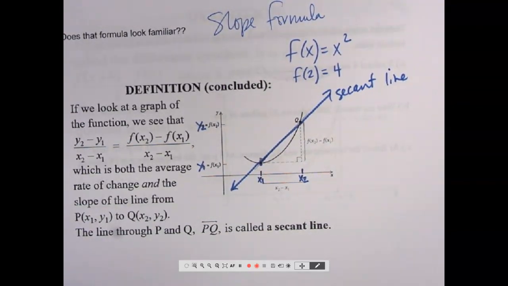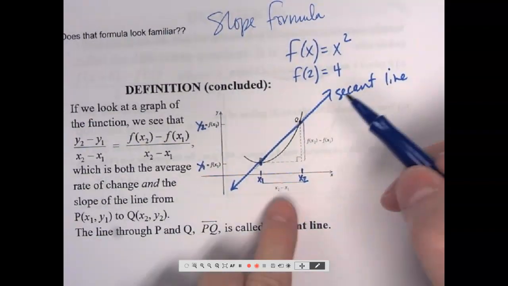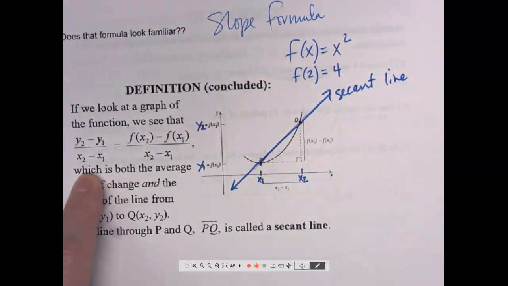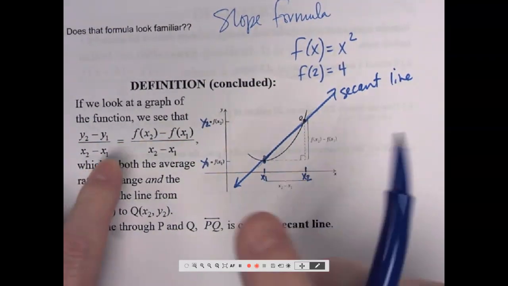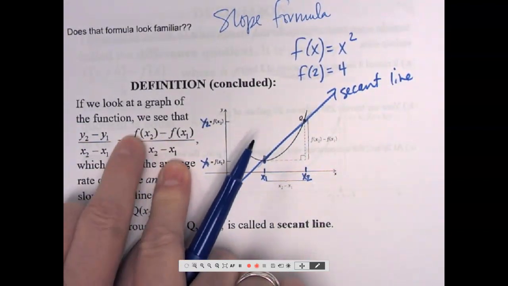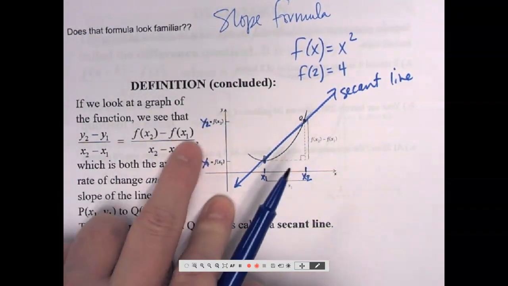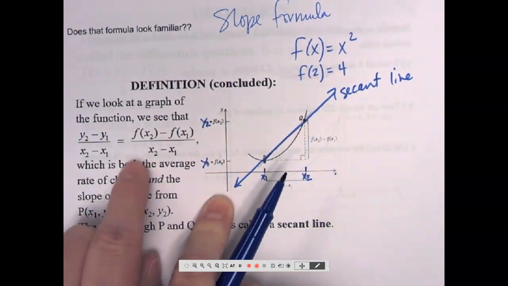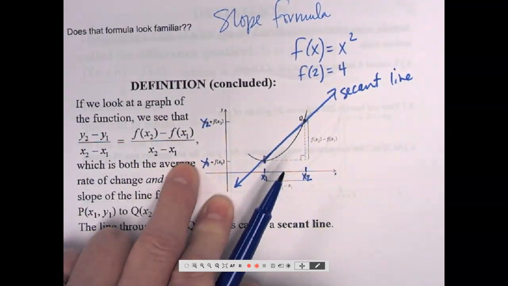Okay, so all this little blurb over here is saying is that if I took these two ordered pairs and I found my slope formula, y2 minus y1 over x2 minus x1, which could also be written like this: plug x2 into the function, that's what you get for your y. Plug x1 into the function, that's what you get for that y. Subtract them, and then subtract the x's in the denominator.